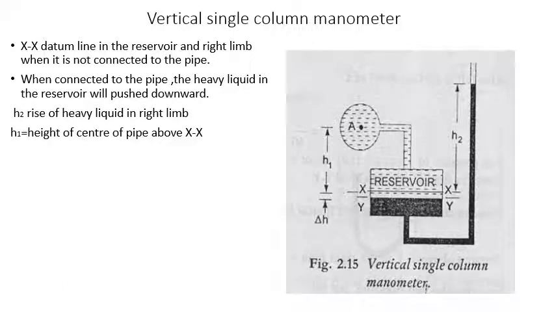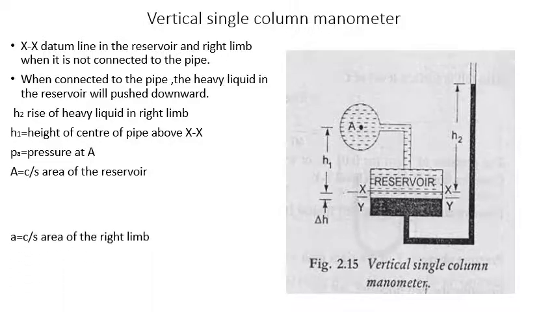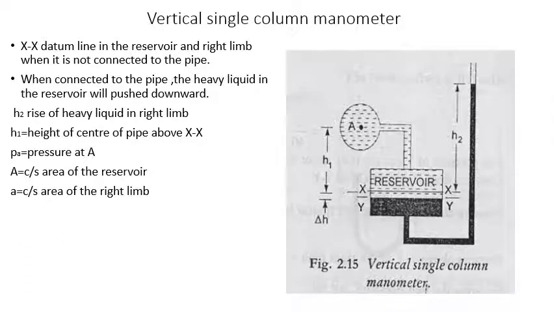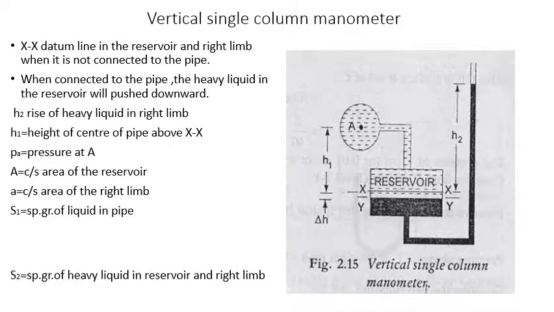h1 is the height of the center of the pipe above X-X. P of A is the pressure at point A. Capital A shows the cross-section area of the reservoir, and small a is the cross-section area of the right limb. S1 is the specific gravity of the liquid in the pipe.